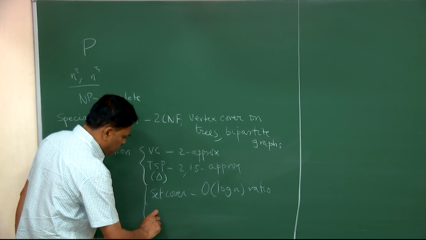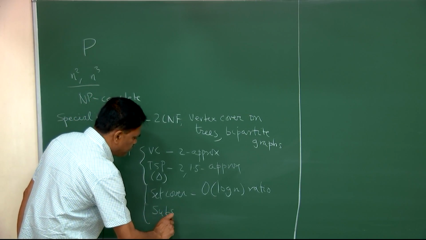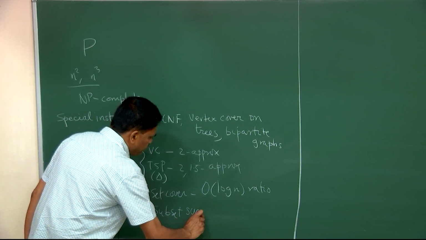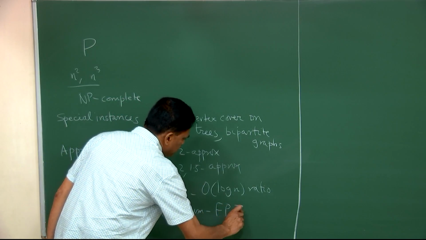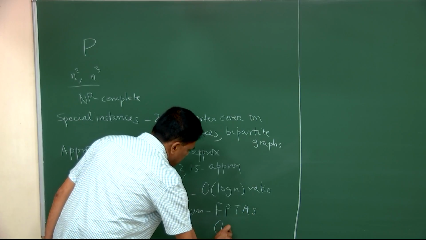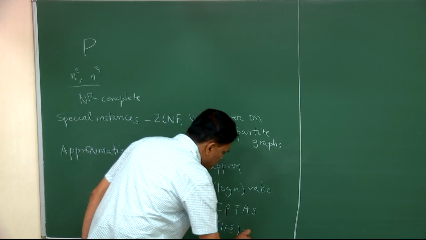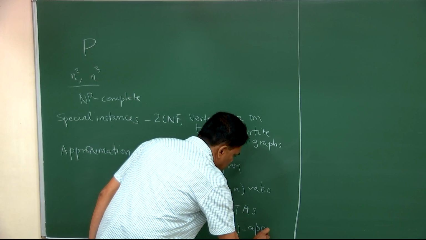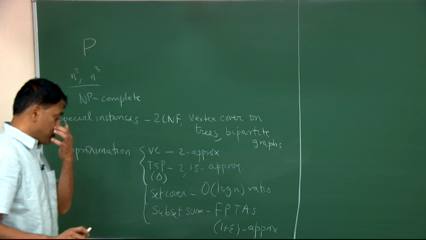Then we saw this subset sum problem, where we had a fully polynomial time approximation scheme, which means that basically I can get to any 1 plus epsilon approximation ratio.